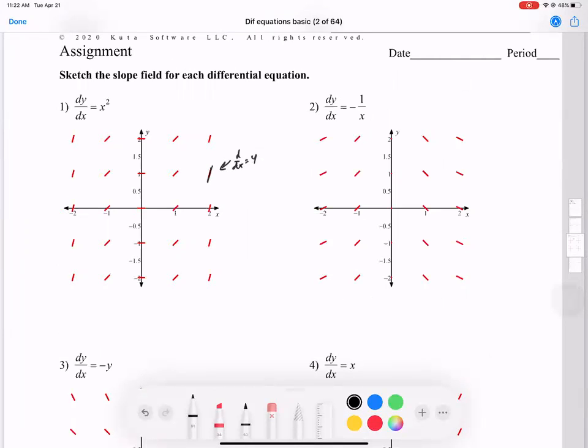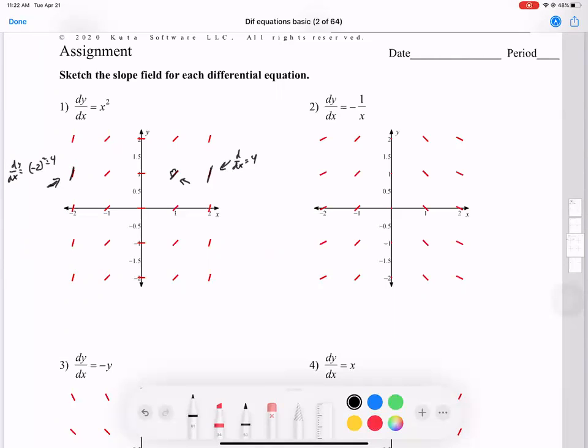Over here at -2 and -2, we did the same thing. We said the slope here, -2 squared, was also 4, so this slope is also going to be pretty darn sharp. At this point here, we said the slope was 1, so it's rise over run.